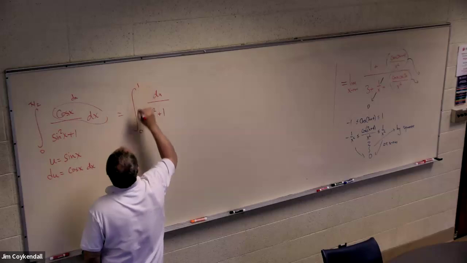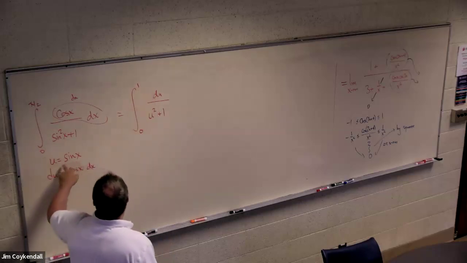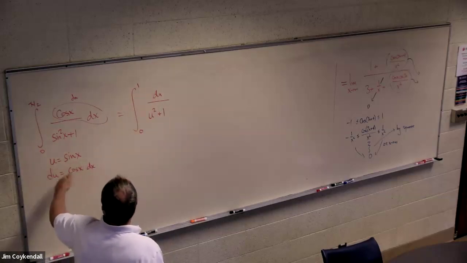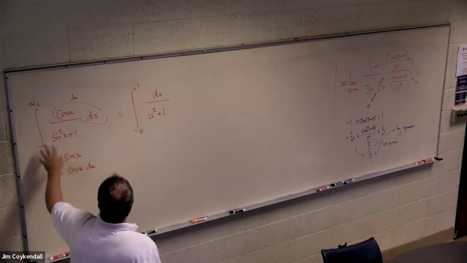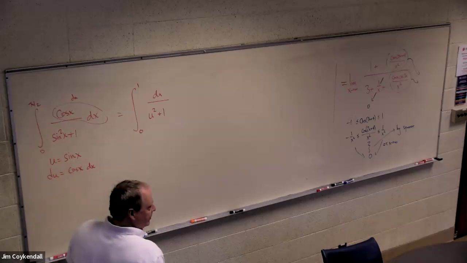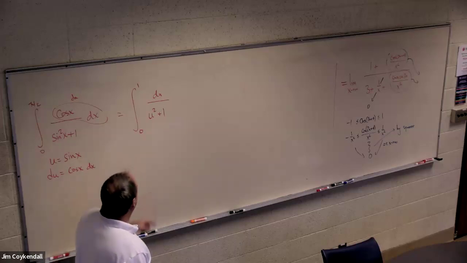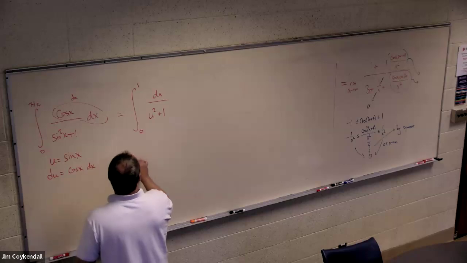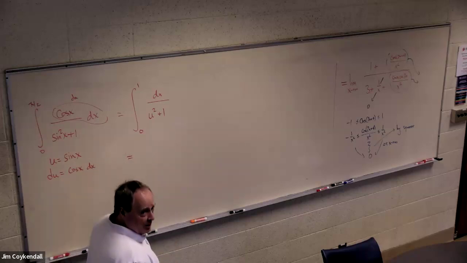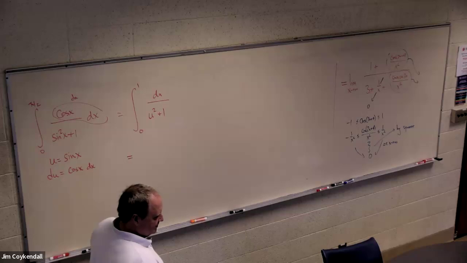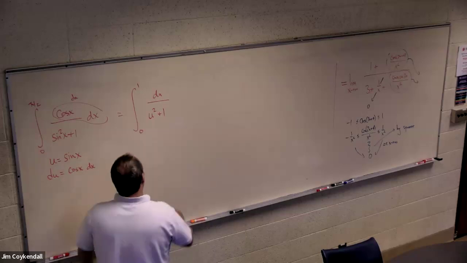Good. In the old variable, x is 0 and sine of 0 is 0, there's your bottom. In the old variable, x is pi over 2, so sine is 1. Oh, that's a serious part of this right there. Anybody know an antiderivative for 1 over 1 plus u squared? Good.